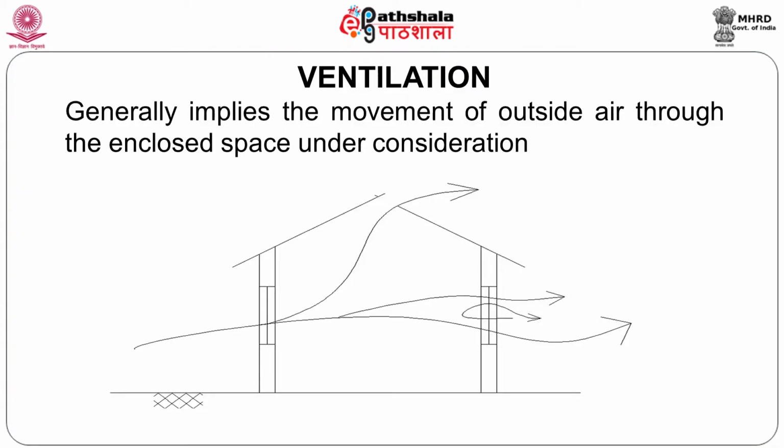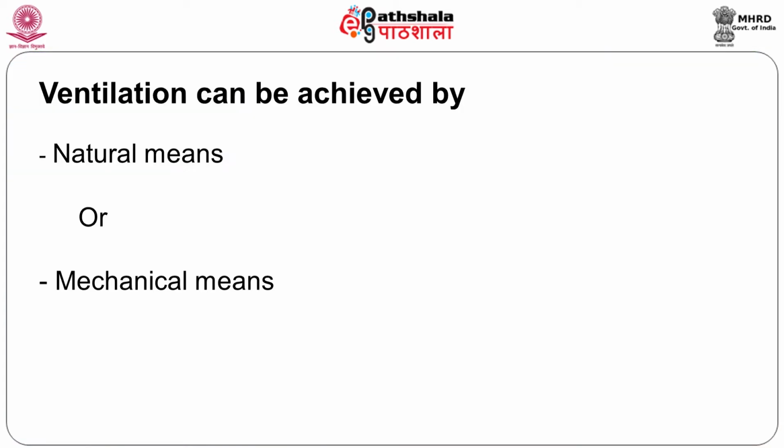The slide gives you an idea of a basic enclosure which has openings and which can bring in air. Ventilation can be effected by two basic modes, one natural and the other, I won't say artificial, I'll call it mechanical. So it's either natural ventilation or mechanical ventilation.